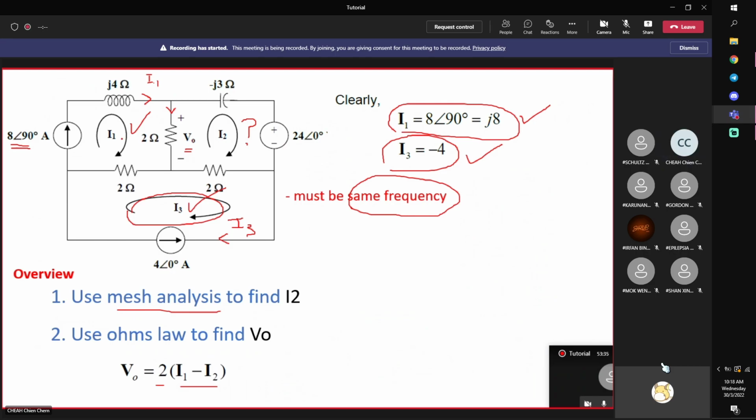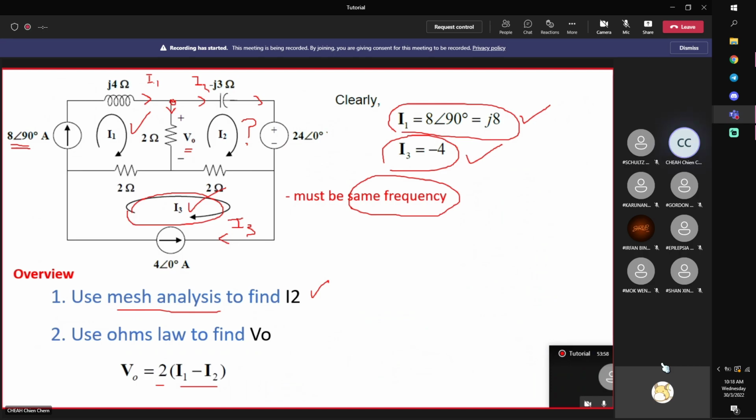If I1 is known, then I only need to find I2, in order to find the current flowing through the 2 ohm resistor. Because this is I2. When you assign this way, this means this is I2. When you assign this way, this means this is I1. When you assign this way, this means this is I3.